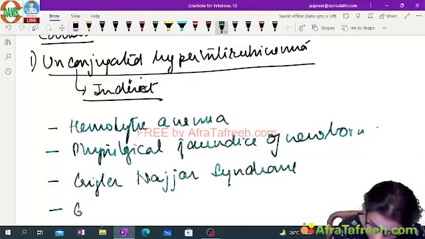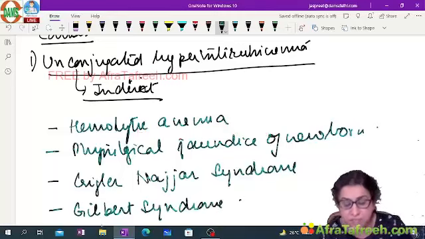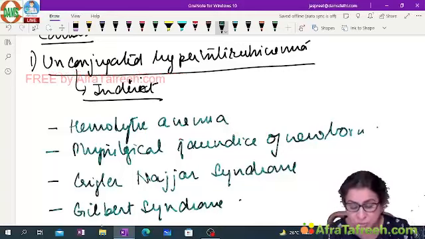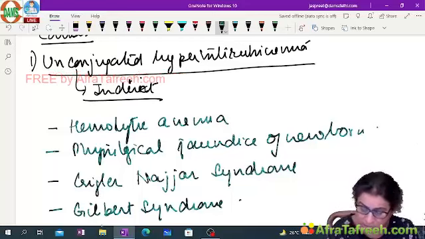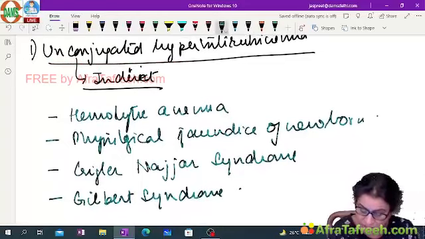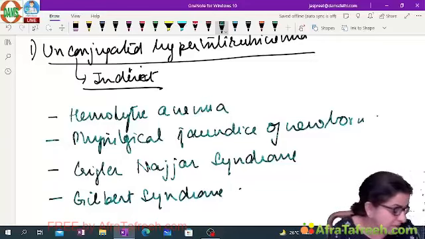Both are inherited syndromes associated with increased unconjugated bilirubin, also called indirect acting bilirubin. So the causes of increased unconjugated bilirubin are hemolytic anemia, physiological jaundice of newborn, Crigler-Najjar syndrome and Gilbert syndrome.